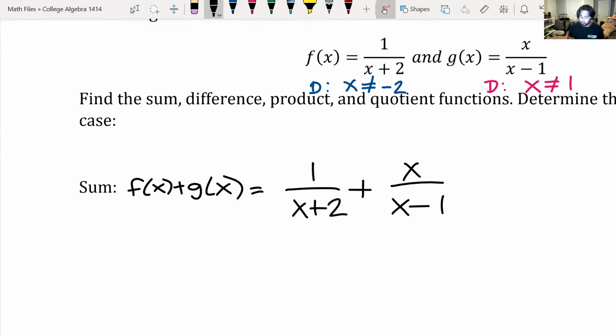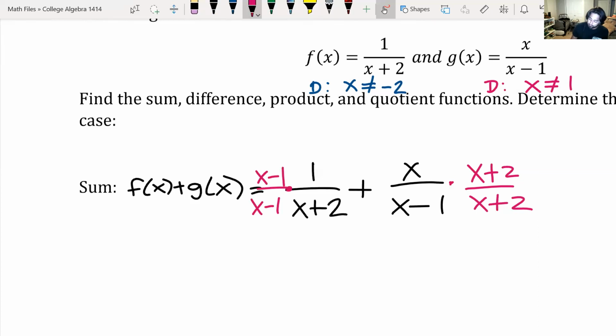So all we're going to do is multiply them by the other's denominator. This means that x over x minus 1 will be multiplied by x plus 2 over x plus 2. And 1 over x plus 2 is going to be multiplied by x minus 1 over x minus 1.